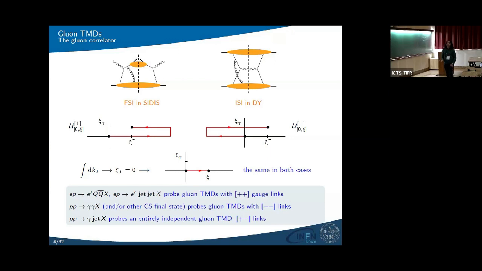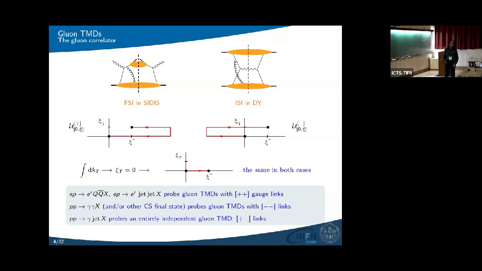In this case, we have a so-called future pointing gauge link, and I will denote it with a plus. On the other hand, if you have a process like Drell-Yan for quarks, in which I have only initial state interactions, then the gauge link points towards minus infinity, it goes back. So we have a past pointing gauge link.